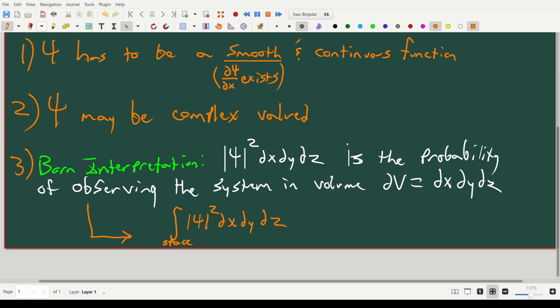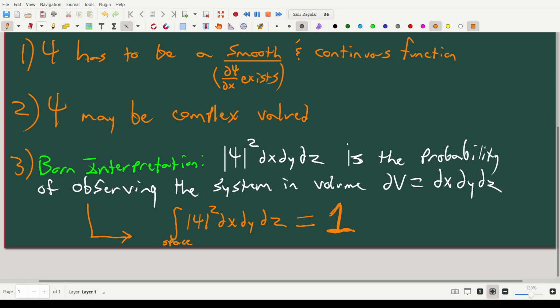We're summing up all the little volumes into one big volume. So this is the total probability of finding the system in any place in the box, which of course is a 100% chance because it's in the box. And so this integral always has to equal 1. This is a 1, not a 2.